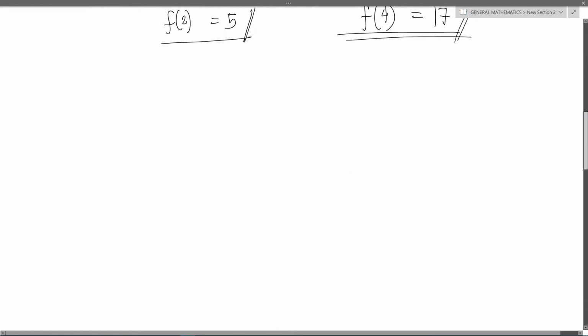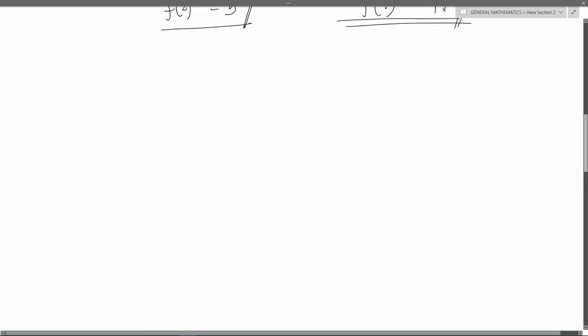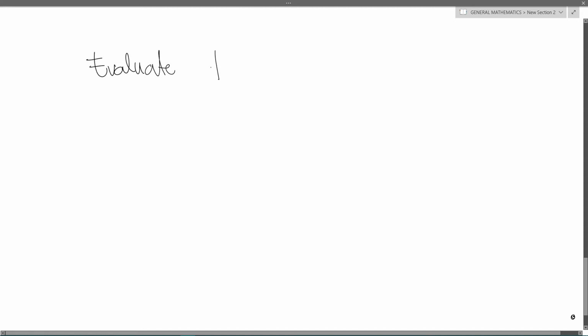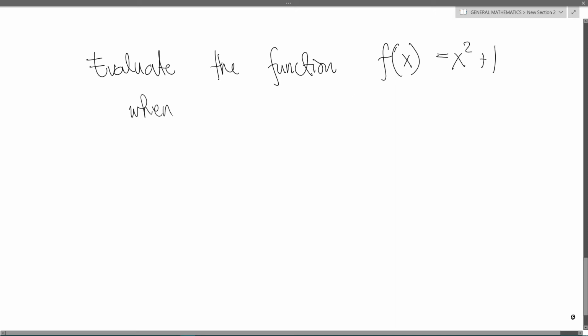So for example, the problem tells you to evaluate the same function as given above, f of x is equals to x squared plus 1, when x is equals to y plus, say, 3. It can also be like this.